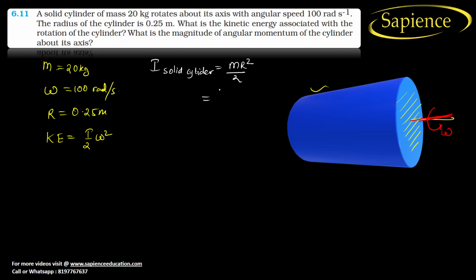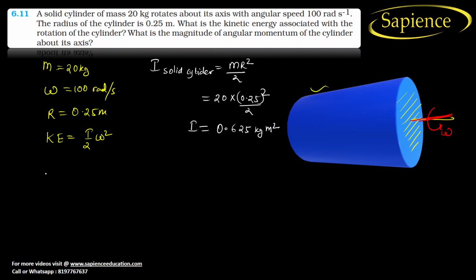Putting the value of mass, that is 20 into 0.25 whole square divided by 2, we will get 0.625 kg meter square. So we have got I.